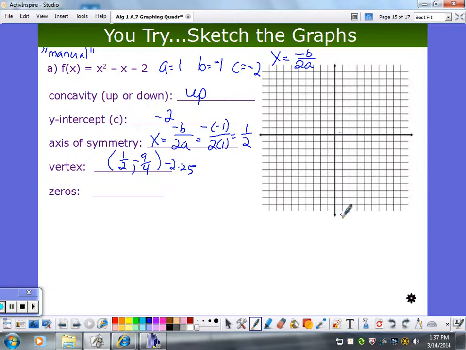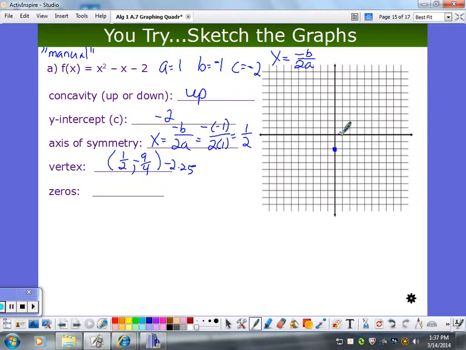On the y-axis. Yeah, put a dot on the y-axis. Y-intercept, right? You plug in 0. Oh, vertex. Okay, I see what I'm doing. I'm doing something way wrong and I can't figure out what it is.